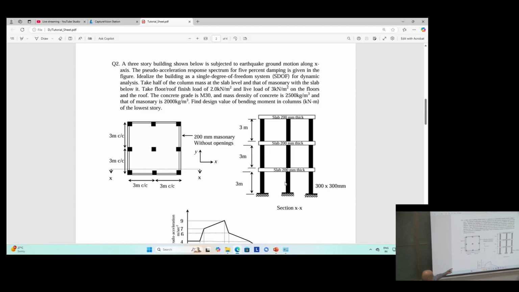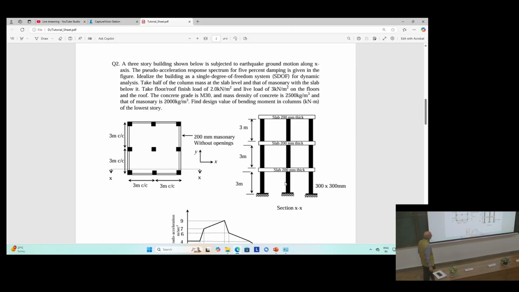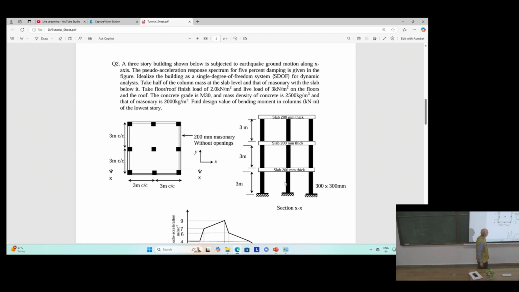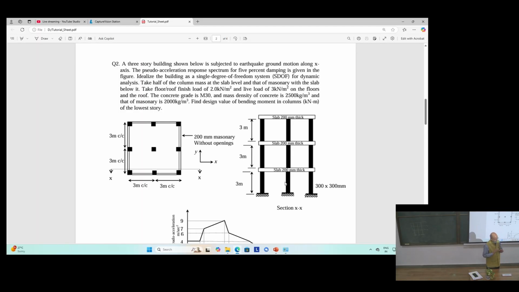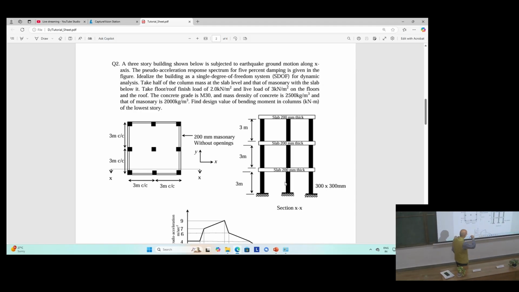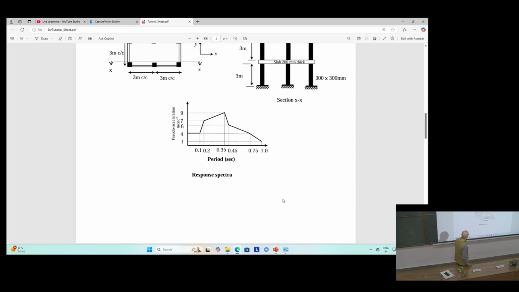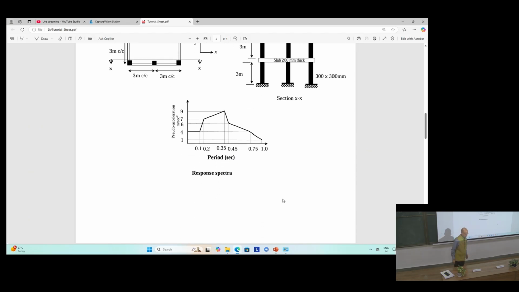The 3-story building, as you can see, and the height of column, slab, everything is given. This is a plan of the building. So this I took from the last problem we did, so there is consistency between all the problems you have taken for understanding. In addition to this, the response spectrum is given to you.